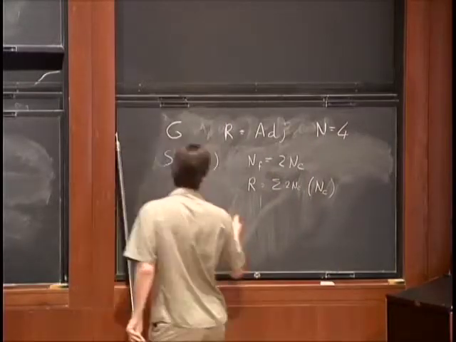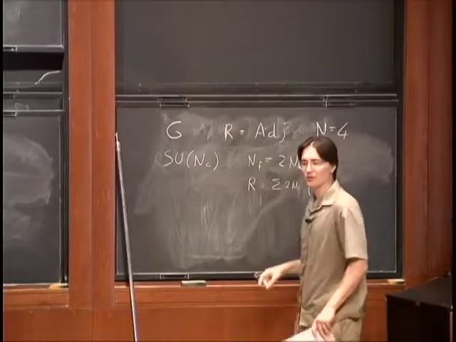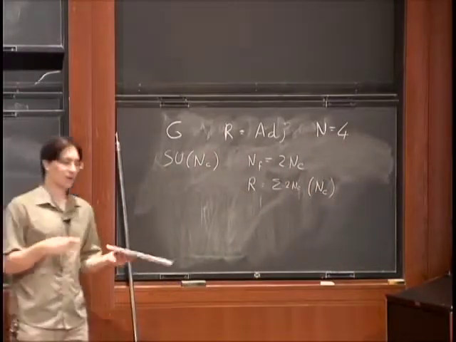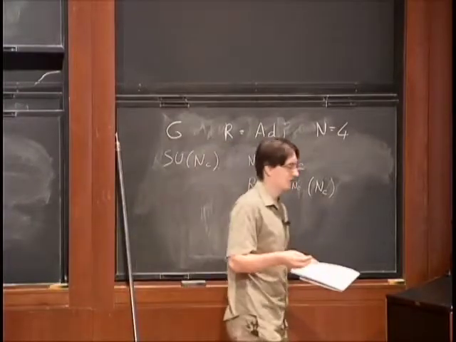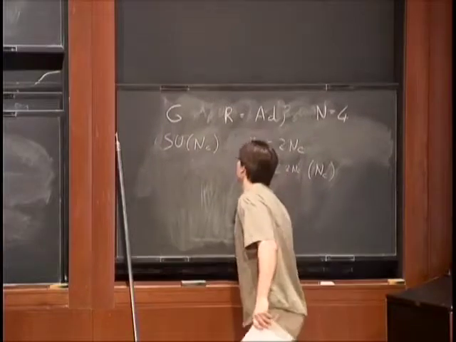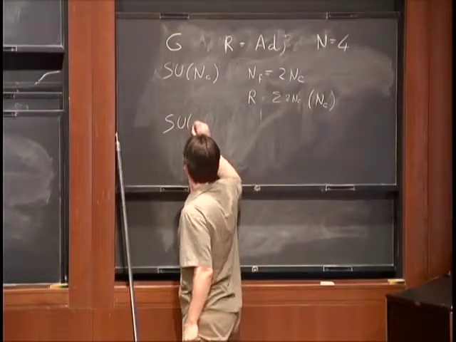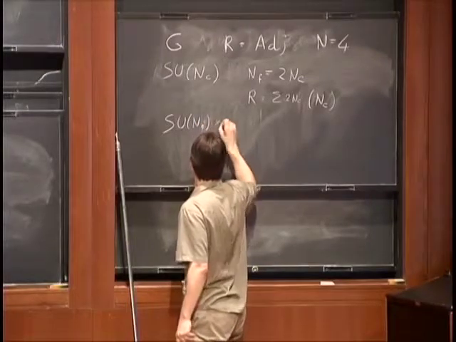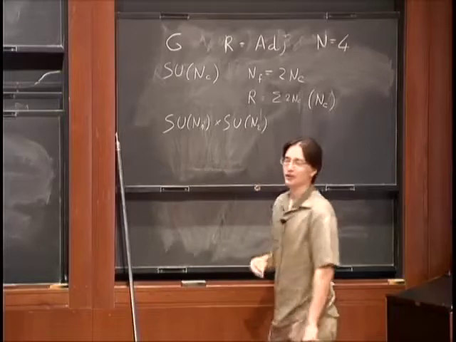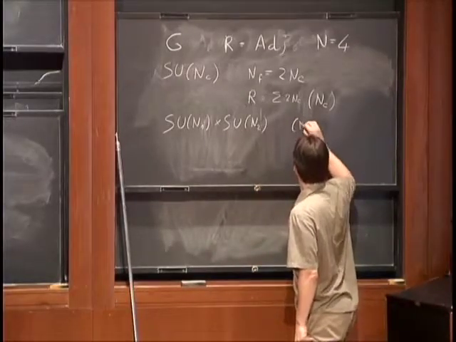So this will give you a flavor symmetry of U(N_f). Now, there is a variation on the idea of fundamentals. You can also have situations where you have your gauge group with several unitary factors, and you can add a bifundamental.